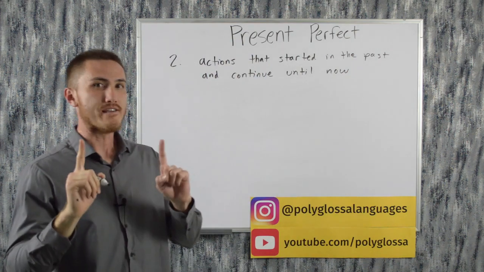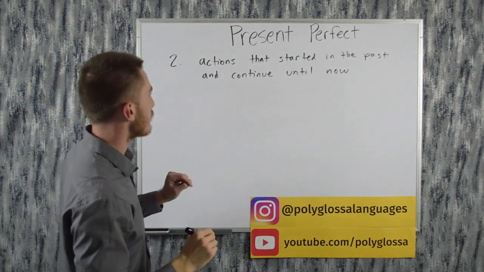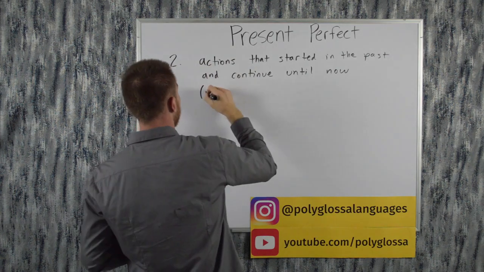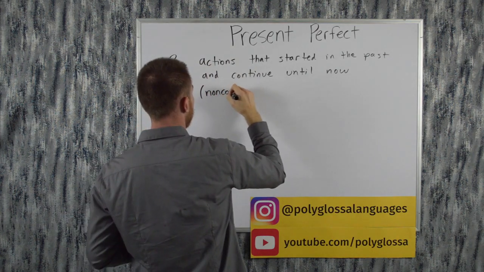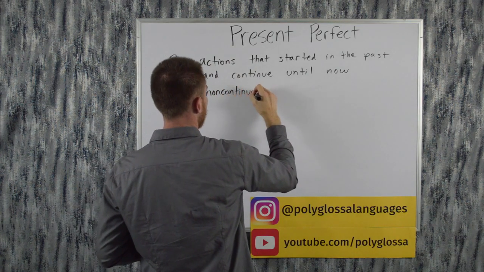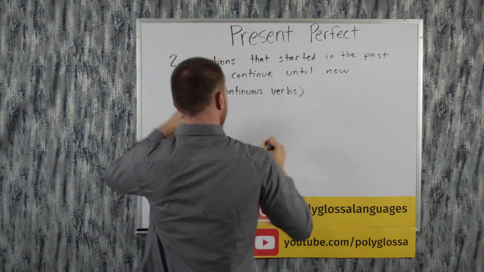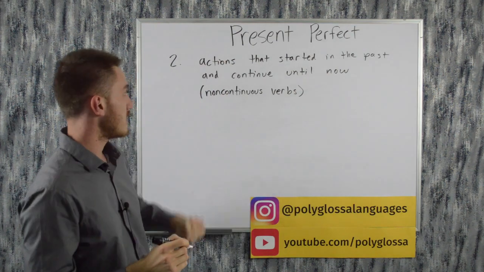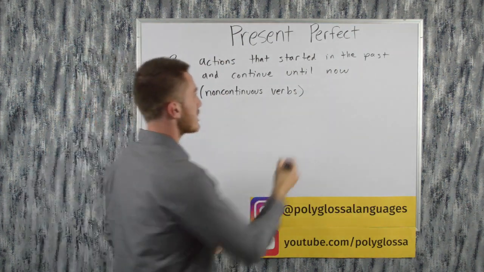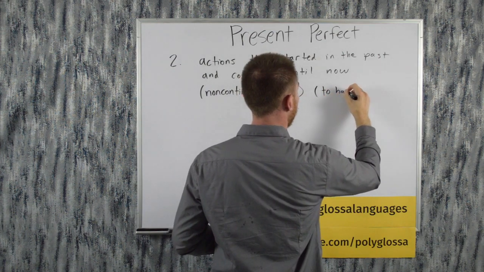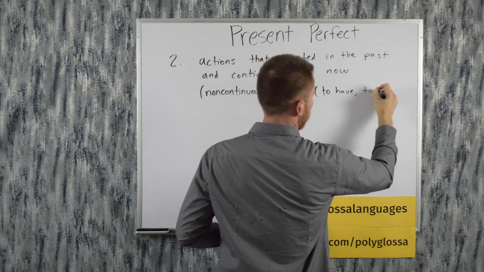However, we usually use this usage when we're using non-continuous verbs, okay? So, what is a non-continuous verb? Well, a good example of that would be the verb to have, and another one would be to be.